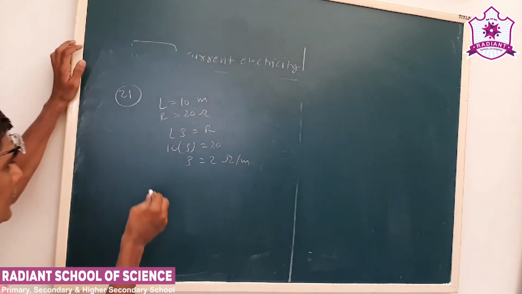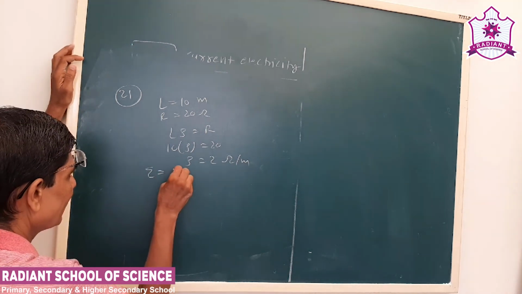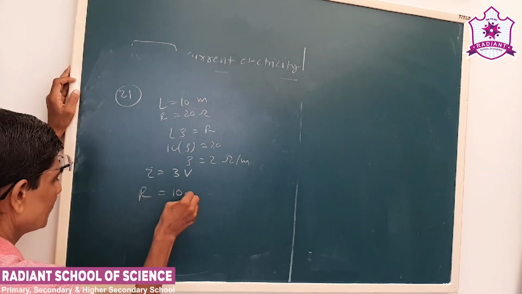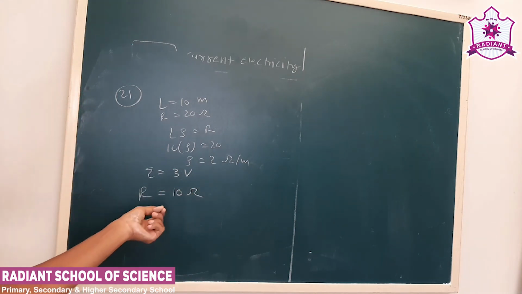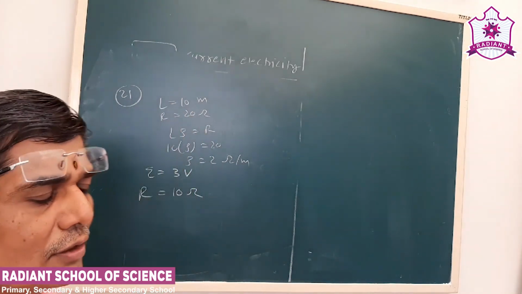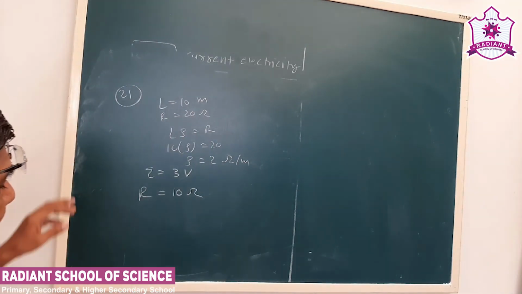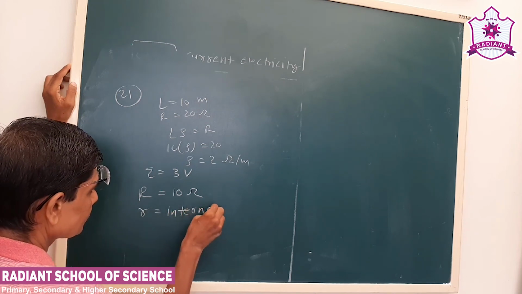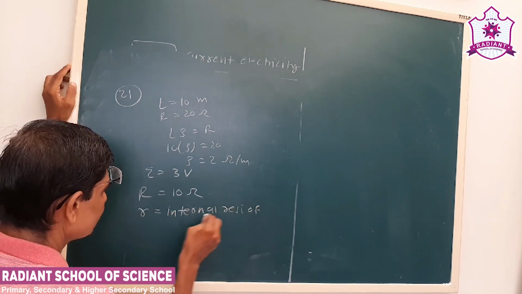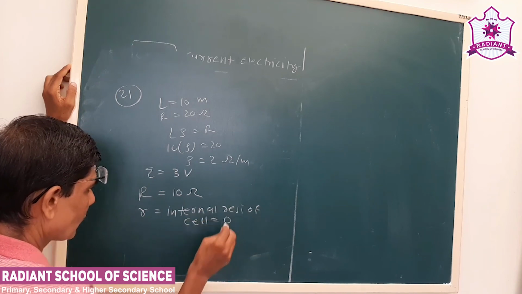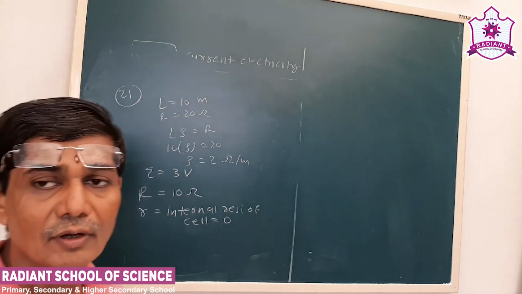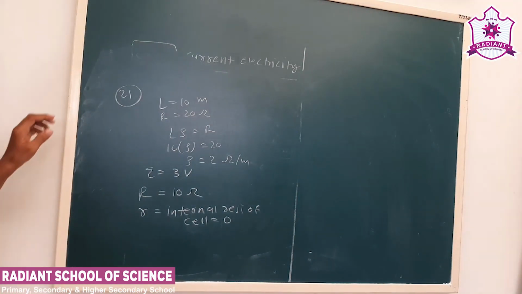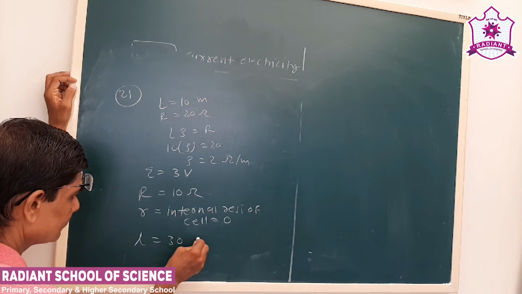Now EMF of the 3 volt battery and R is 10 ohm. Okay, that we studied in the theory part, the resistance obtained from the resistance box. See here we have to neglect the resistance of cell. You see. Now what do you have to find out? Potential difference between any 2 points on the wire separated by 30 centimeter.